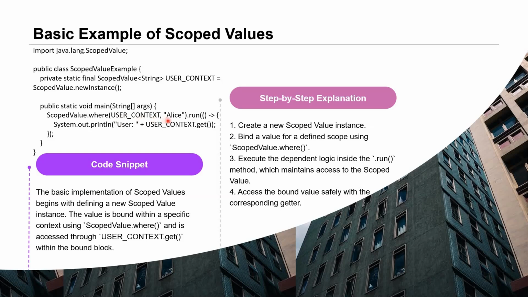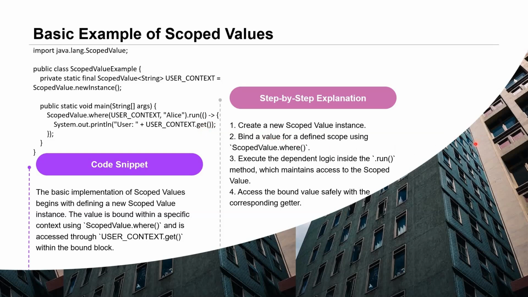That means this scope value is bound to this portion only. Access the bound value safely within the corresponding getter. The basic implementation of scope values begins with defining the new scope. The value is bound within a specific context using ScopedValue.where, and it is accessed through this userContext.get within the bounded block.